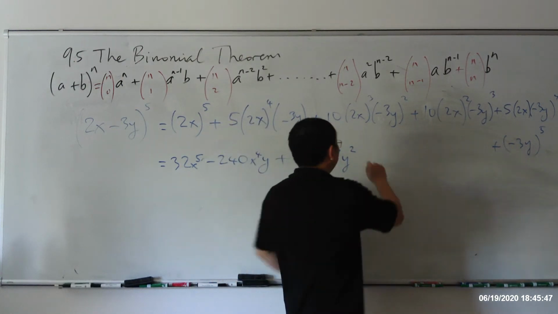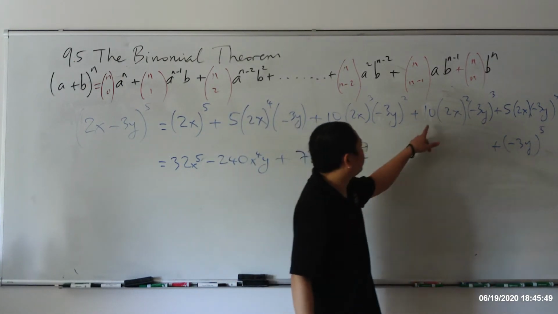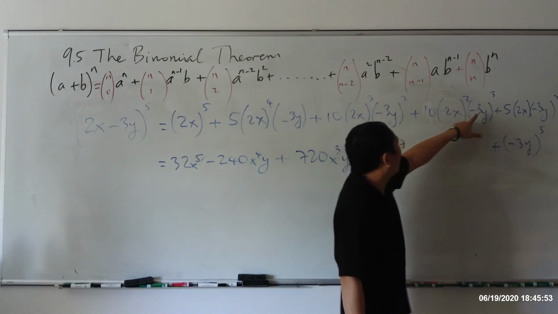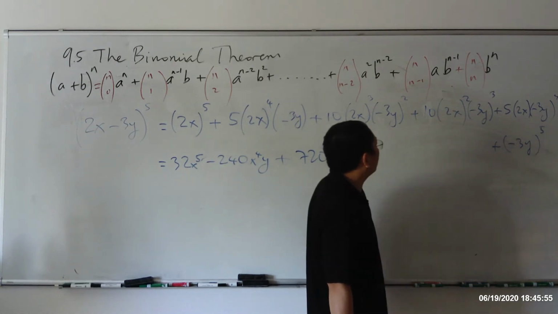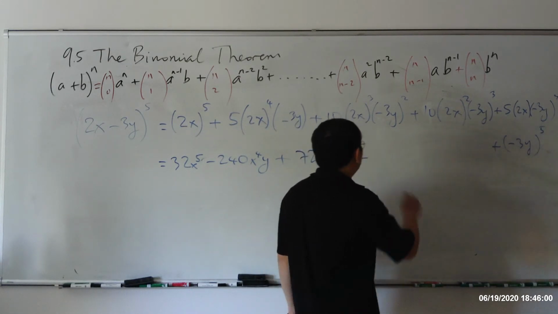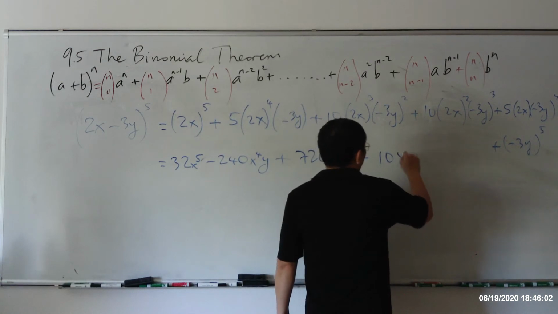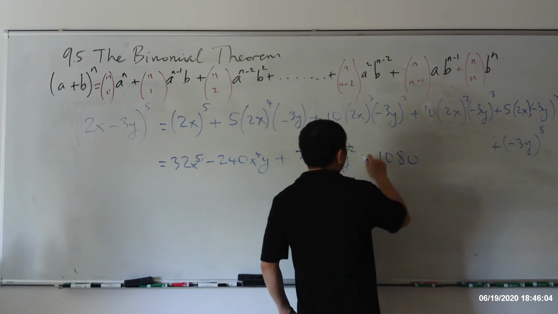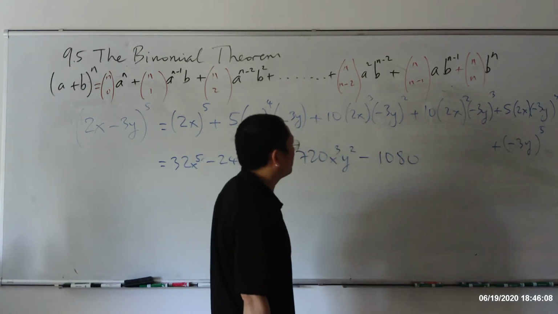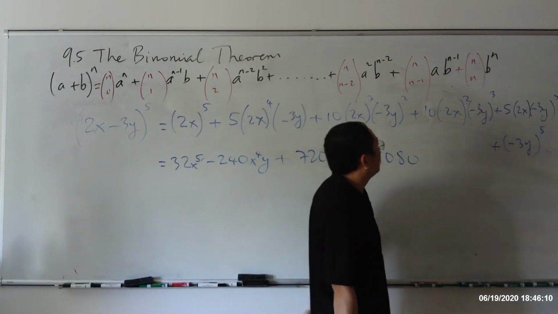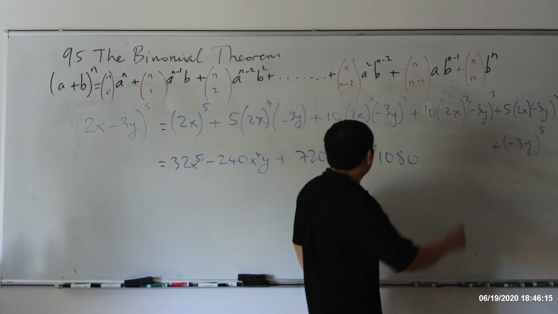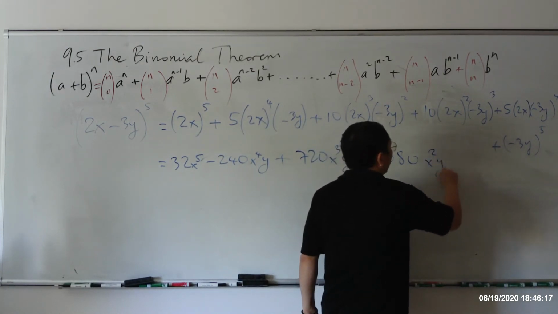The next term: 2 squared is 4, and 3 cubed is 27. 27 times 4 is 108, times 10 is 1080, but it's going to be a minus, because negative 3 cubed is negative. Check my algebra. And then it's x squared y cubed.